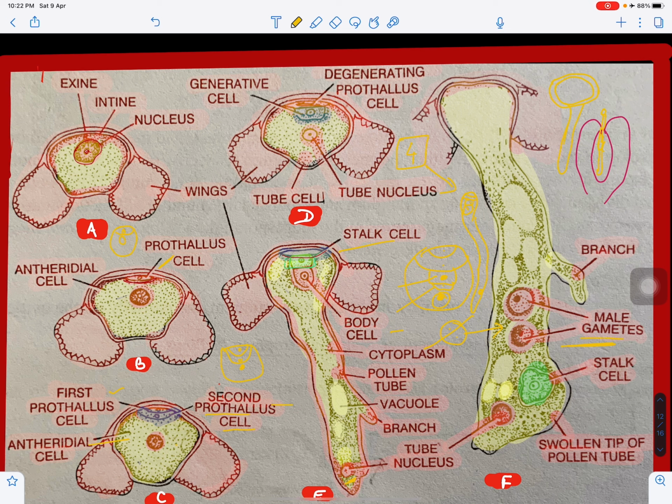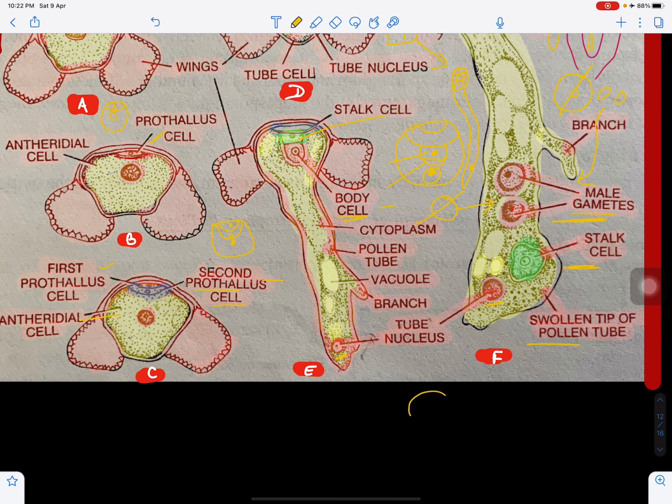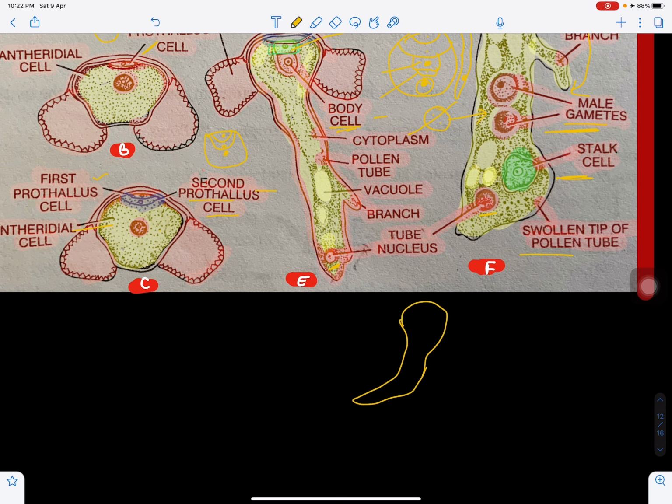Here, this is the generative cell and body cell. This is the stalk cell, this is the body cell. Now the body cell will further divide into two cells and they will develop into two male gametes. This will be the stalk cell and this will be the tube nucleus. So ultimately this pollen tube which has been produced has elongated like this.